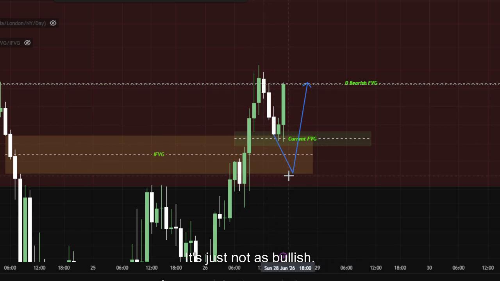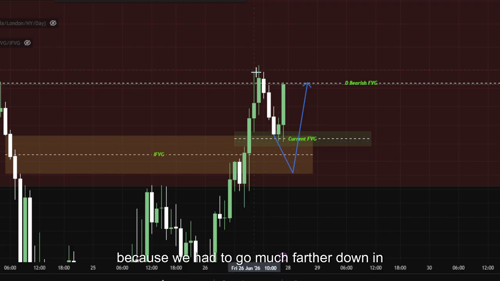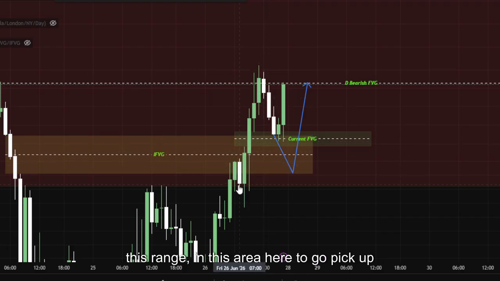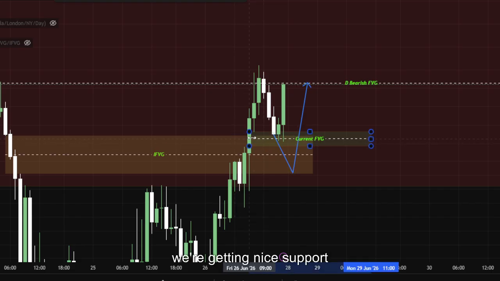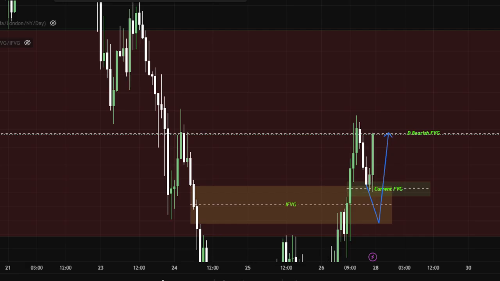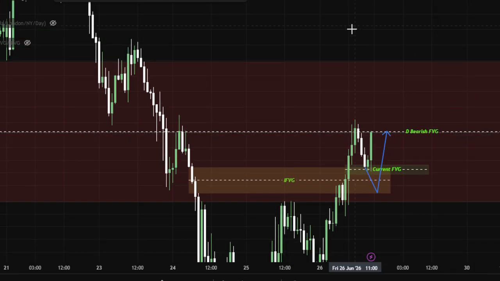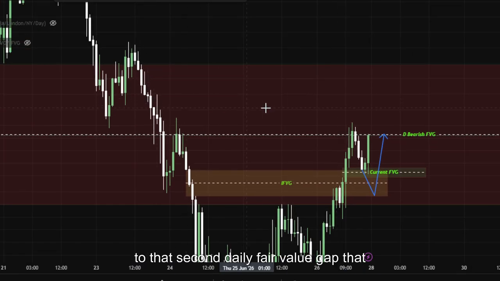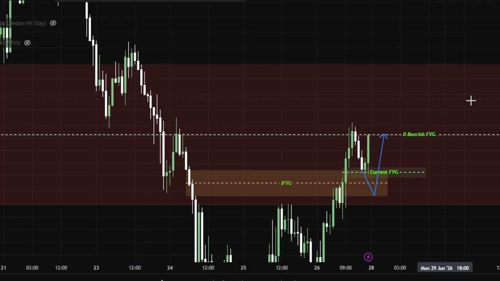It's just not as bullish because we had to go much farther down in this range, in this area here, to go pick up the orders. But instead, we're getting nice support right here, looking like we want to go higher to that second daily fair value gap that was up here if we did not combine the two.